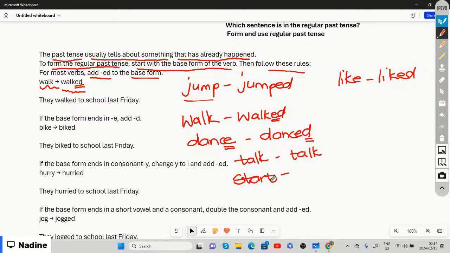We use the word start. You should start with your assignment. What is the regular past tense of the word start?